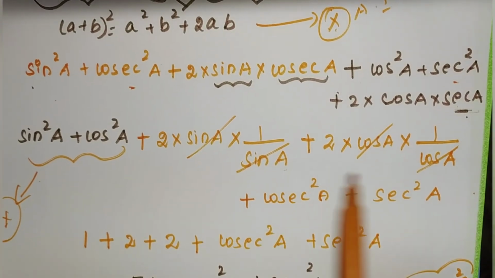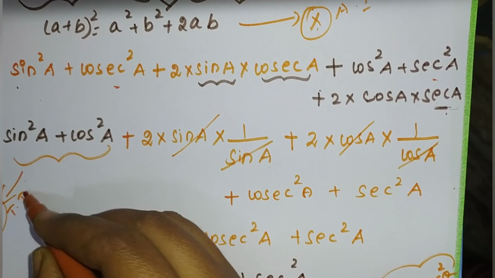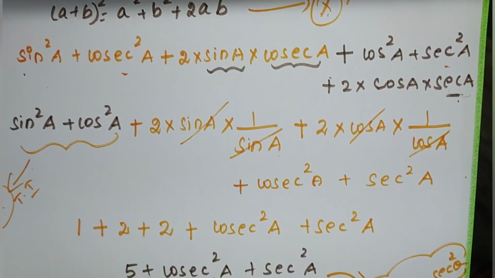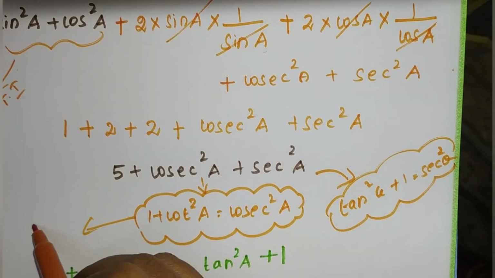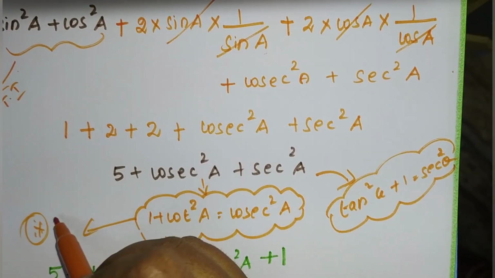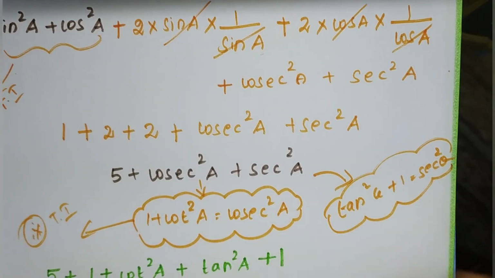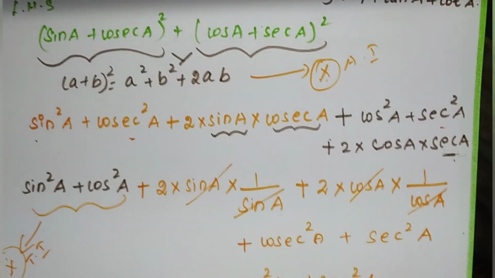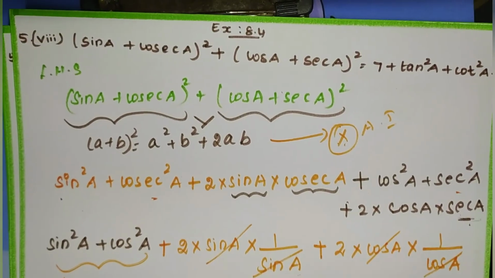Clear? And then the reciprocal formula you have to remember, and the trigonometric identity, and then you can easily simplify. This one also you have to remember: the trigonometric identity we have to apply for cosecant A and secant A. These are the 3 important points you have to remember for this problem. Are you all clear, children?